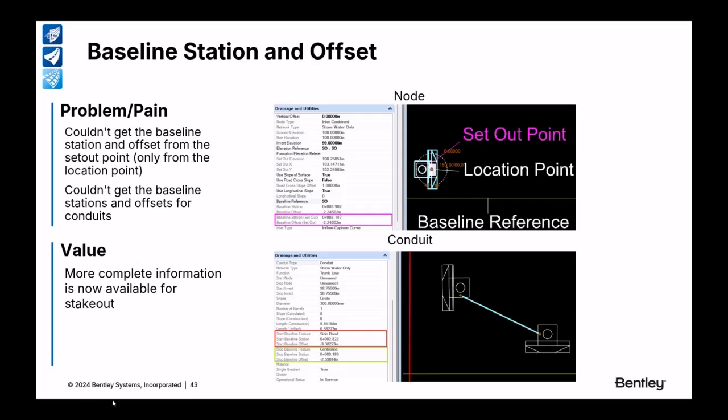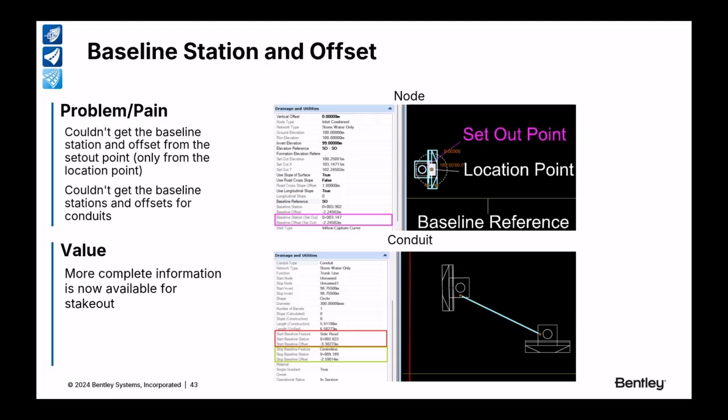So in this particular case, the picture on the bottom right, the two nodes are linked to two different baselines, a side road center line and a main road center line. So we handle that case as well, and we give you the station and the offset for both ends of the conduit. Now, normally those will be slightly different to the station and offset for the nodes because the conduits are trimmed to the connection regions. So therefore that baseline, station and offset will be just slightly different to the values for the nodes.